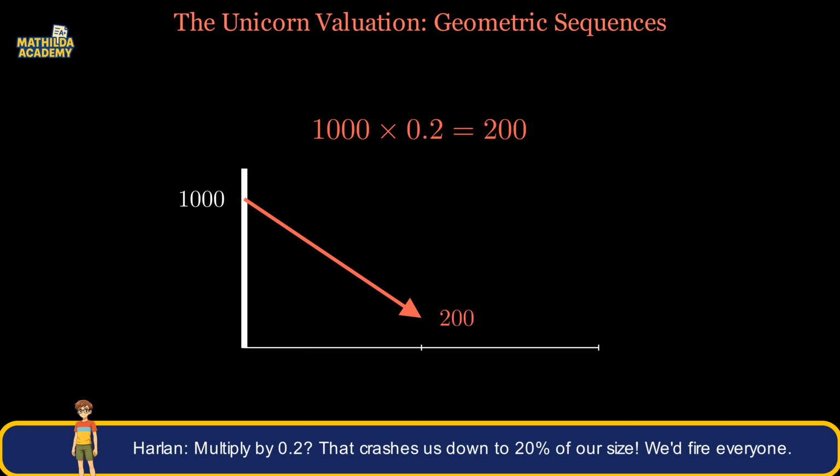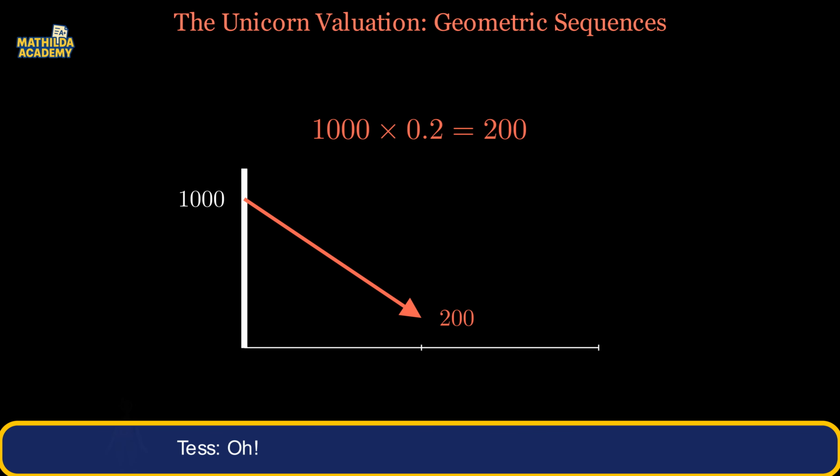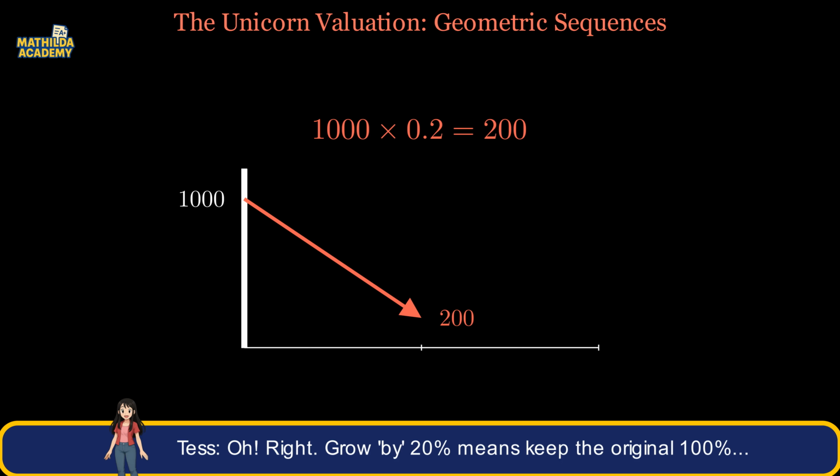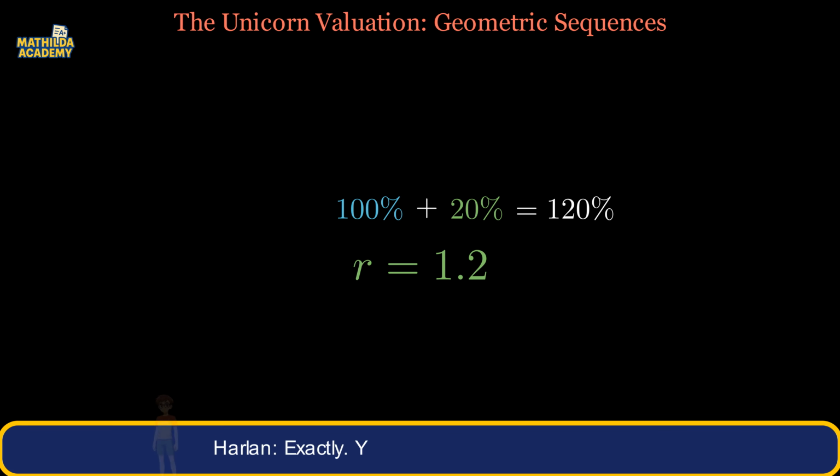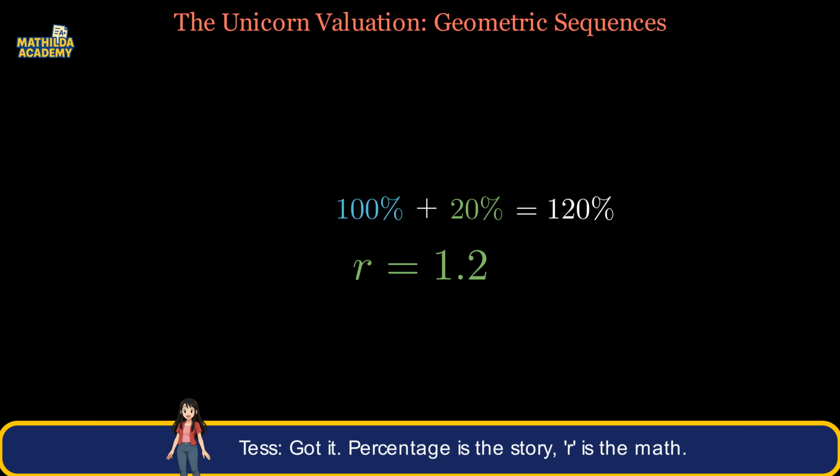We'd fire everyone. Oh, right. Grow by 20% means keep the original 100%. Exactly. You add it to 1, so the multiplier is 1.2. Got it. Percentage is the story, R is the math.